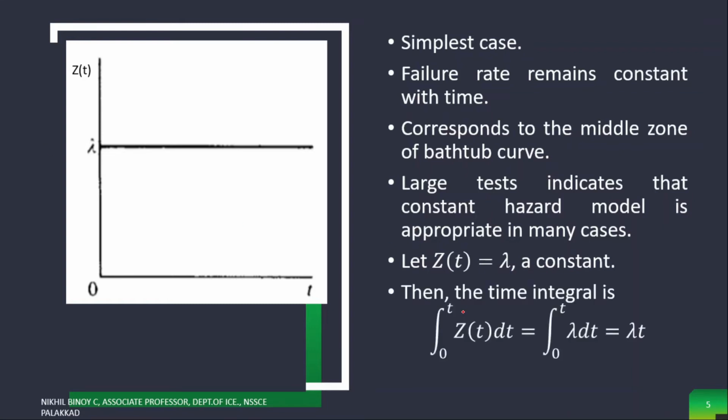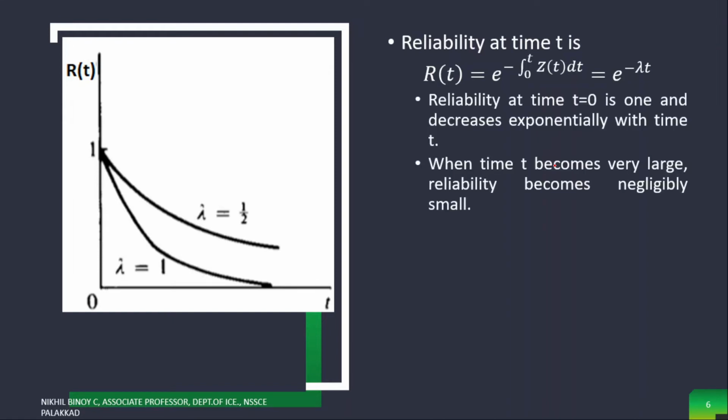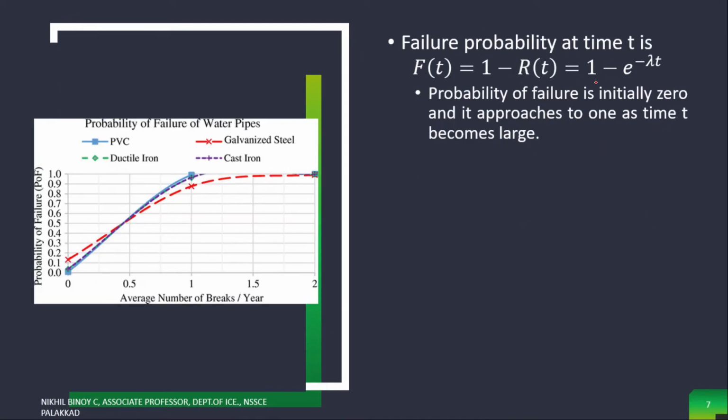Then the reliability R of t is equal to e raised to minus integral 0 to t z of t dt, that is equal to e raised to minus lambda t. Similarly, the probability of failure F of t is equal to 1 minus R of t, that is 1 minus e raised to minus lambda t.